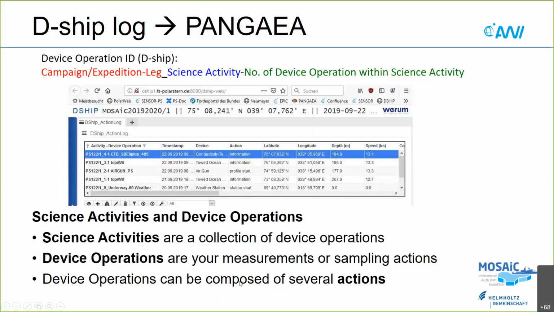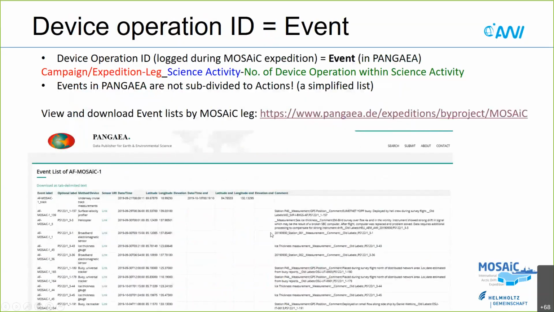And to this granularity, we are not able to take over in our PANGAEA events. So the difference between the device operation ID and log in dship and the event in PANGAEA is this granularity. So in PANGAEA, the device operation ID equals the event.